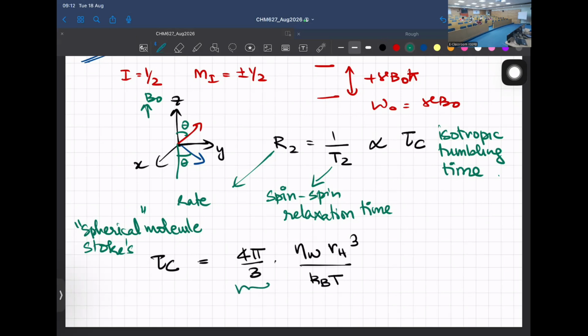This is a constant, right? You can imagine this comes up as the volume of whatever you're looking at, assuming a sphere: 4 by 3 pi r cube, right? And in addition to that, the additional features are eta W, which is the viscosity. Since we are working with water, we'll be talking about the viscosity of water. And RH cube is the radius of the molecule, but hydrated.